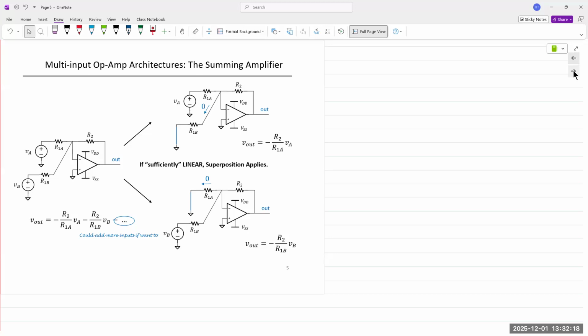The feedback resistor could be 1 resistor, could be 3, could be 5, 7, 8, 9, 10, could be any configuration we want. But on the input side, all we are doing is connecting all the inputs in parallel, joining them together, and feeding it into one of the terminals. And the output of the op amp is a weighted sum of all those inputs. We'll look in detail at how it works and what weighted sum means. Does that make sense?